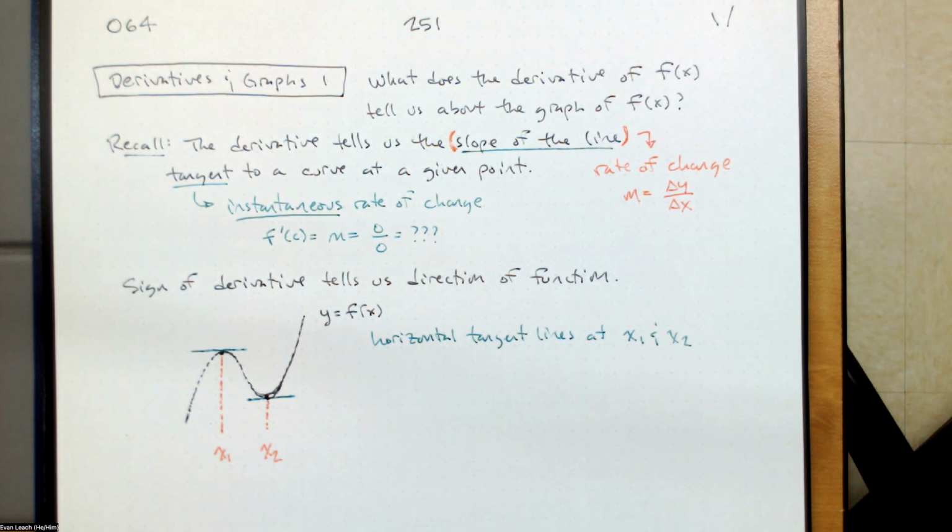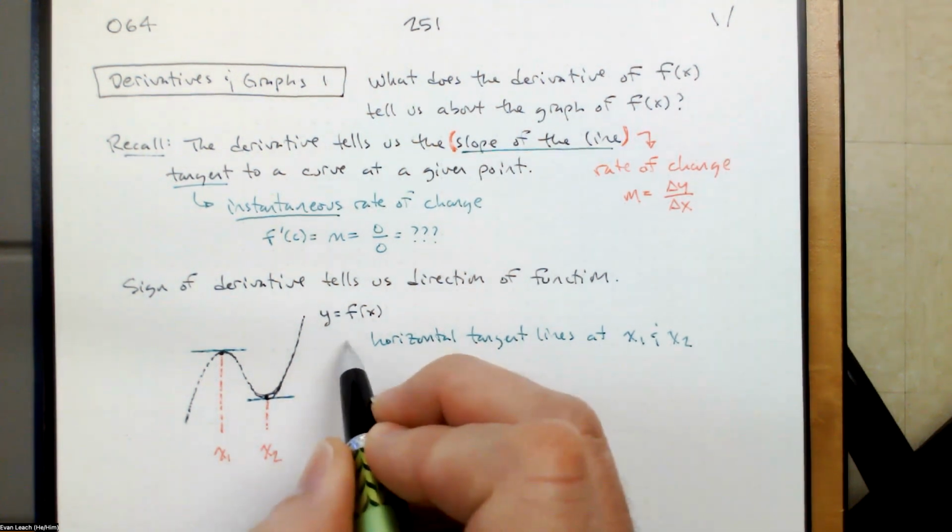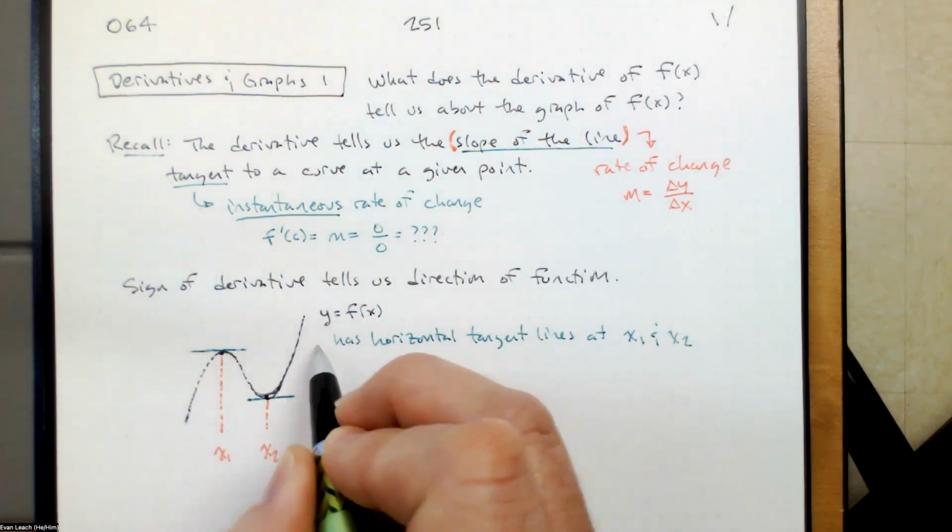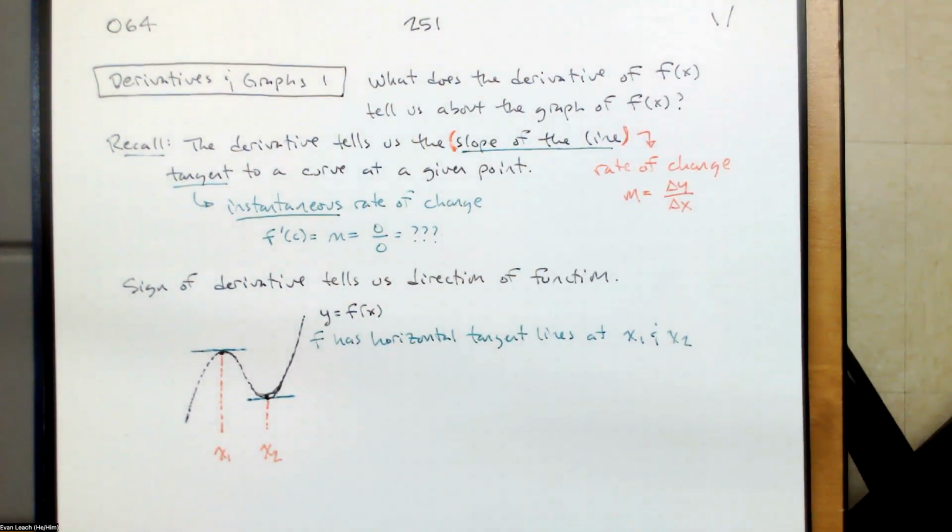So the graph of f has horizontal tangent lines at x1 and x2.